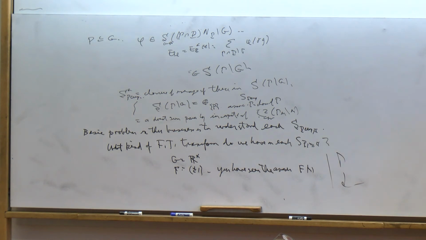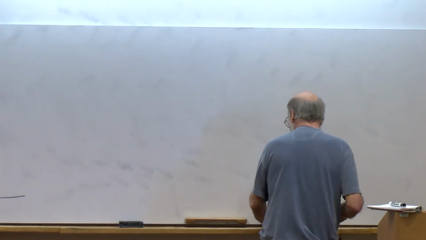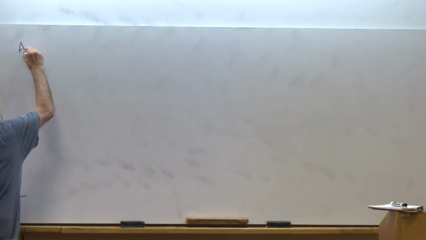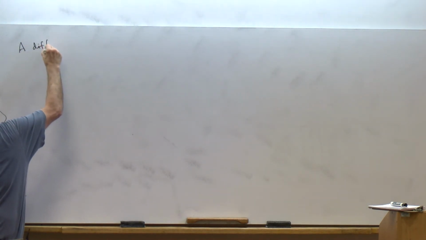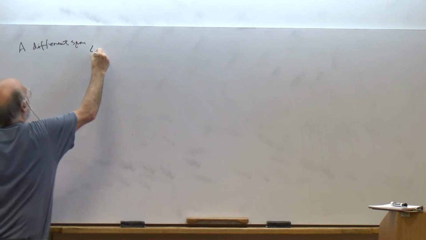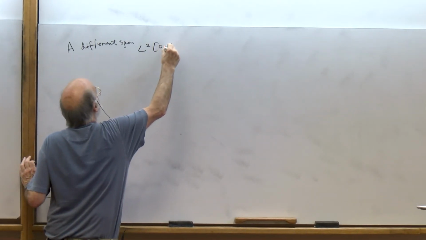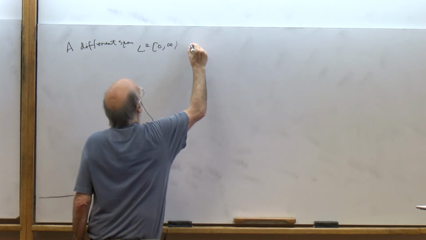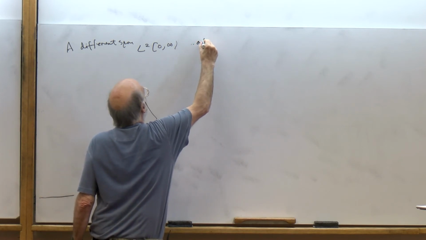Now, I want to introduce another kind of Fourier analysis, which is not, on the face of it, directly related to this. I just want to remind you of a well-known theorem in Fourier analysis. Let's look at a different space: L2 of 0 to infinity with respect to the additive group.